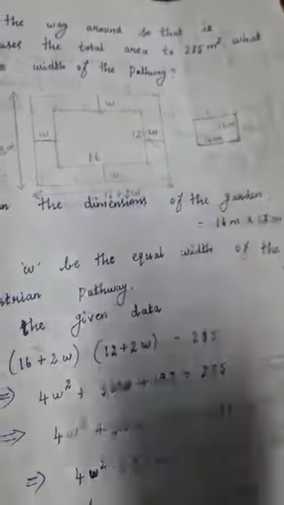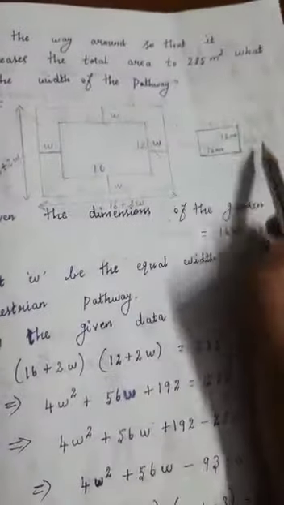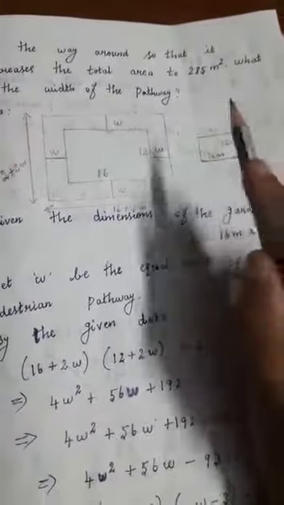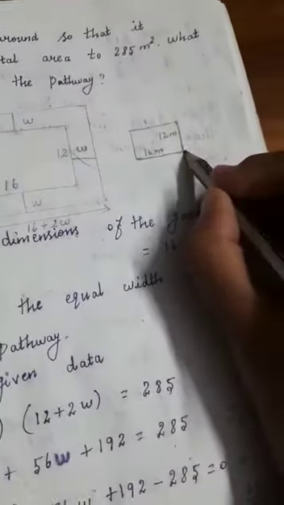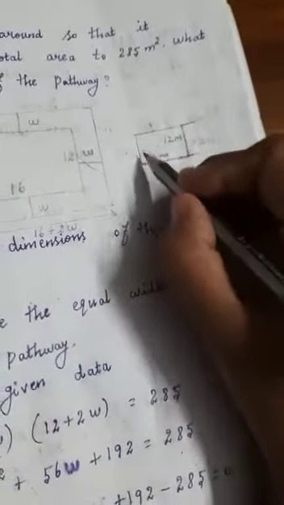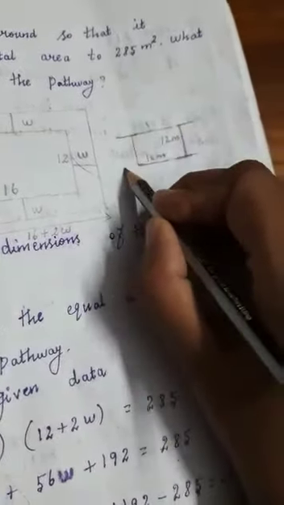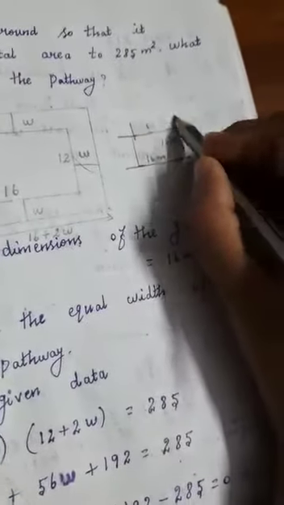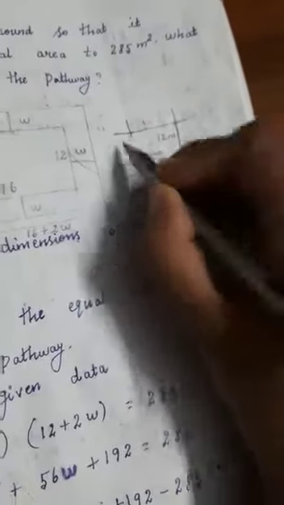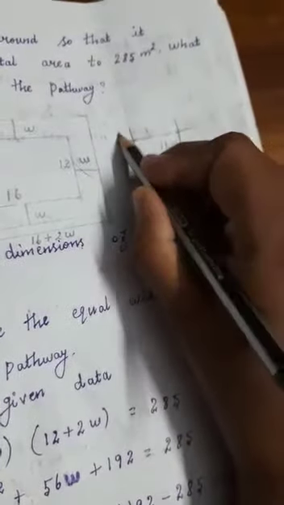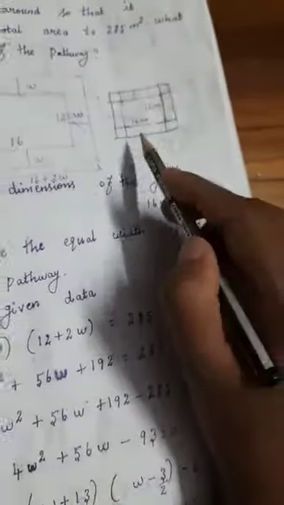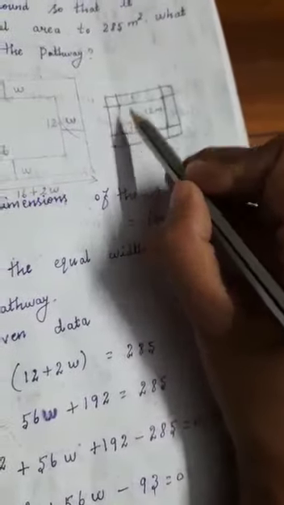In our question, they have given that all the way around this garden we have a pedestrian pathway, with W meters width.